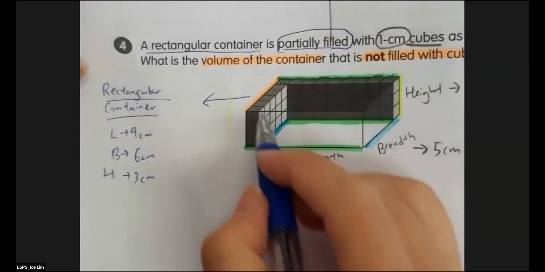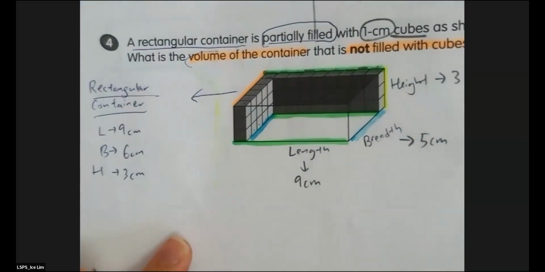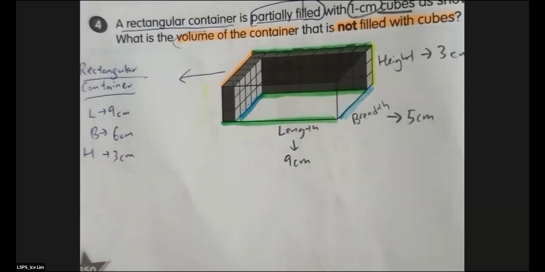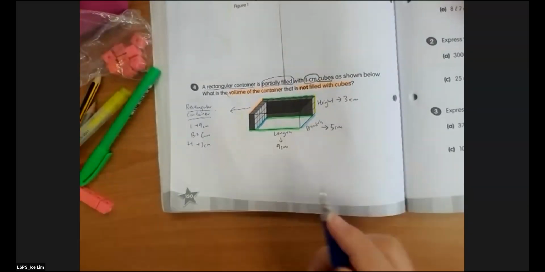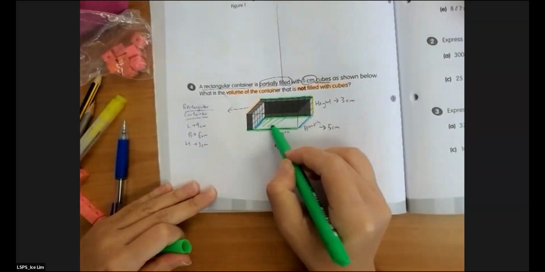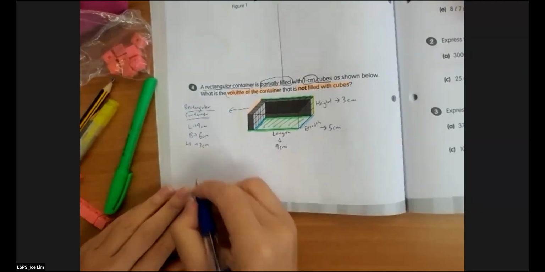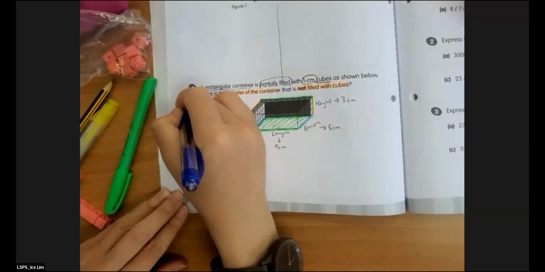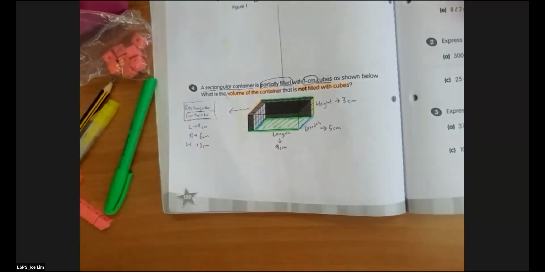So, if I talk about the volume of the container that is not filled with cubes, I'm talking about the space which I am coloring here in green. Can you see? And for this space here, this is the container, the tank itself, with or without cubes.